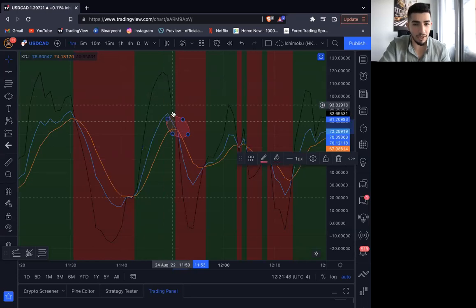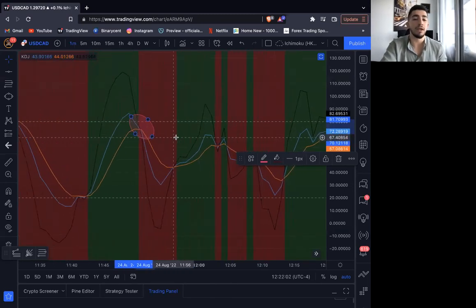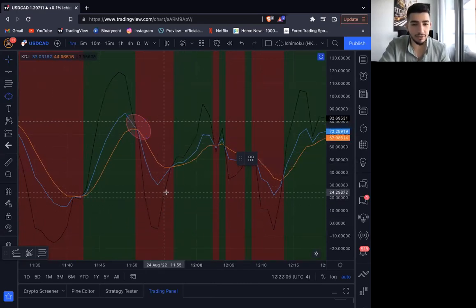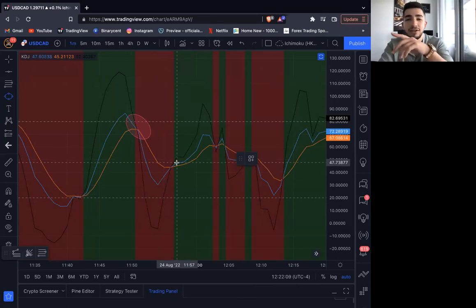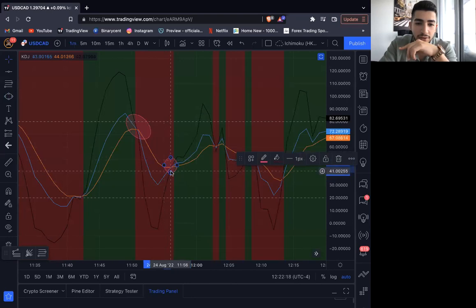My black KDJ line intercepted with my other two KDJ lines from above. So that's a sell example. And vice versa. If my black KDJ line intercepts with my other two KDJ lines from below, then it's a buy trade idea. It's a buy example.